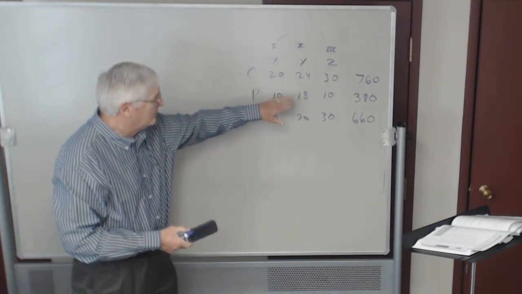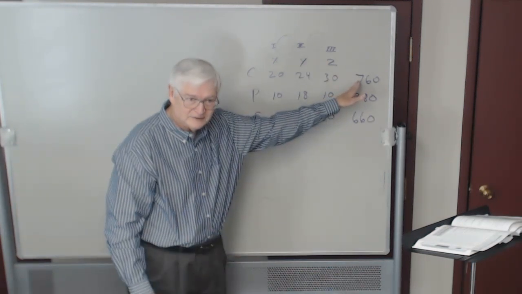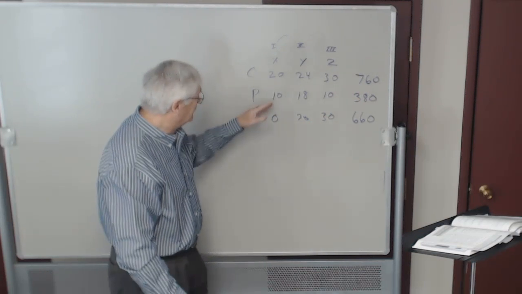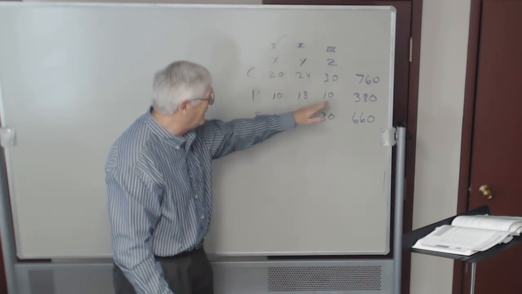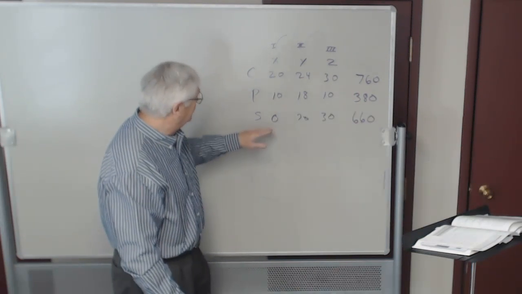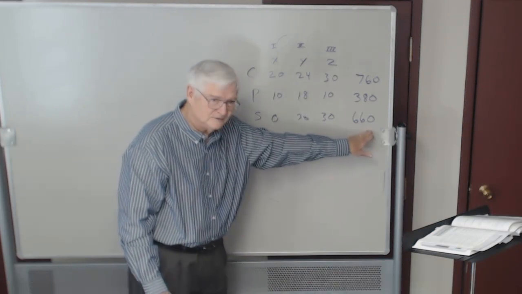20x plus 24y plus 30z equals 760. 10x plus 18y plus 10z equals 380. And 0 times x plus 30y plus 30z equals 660.